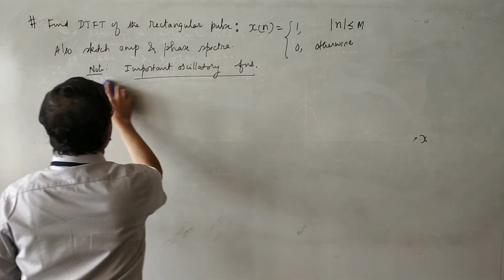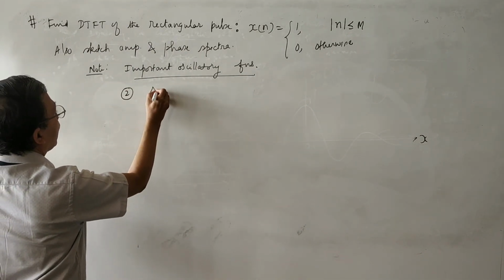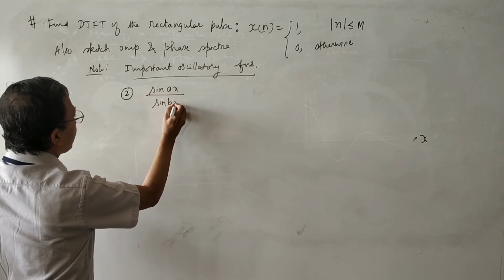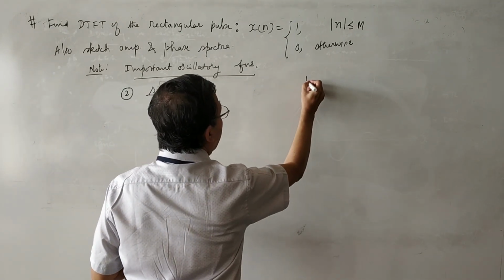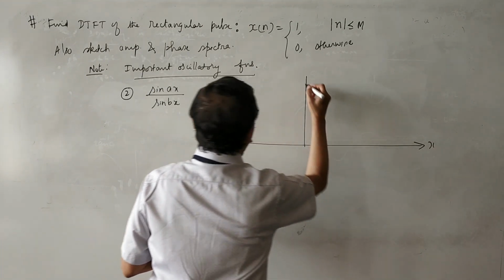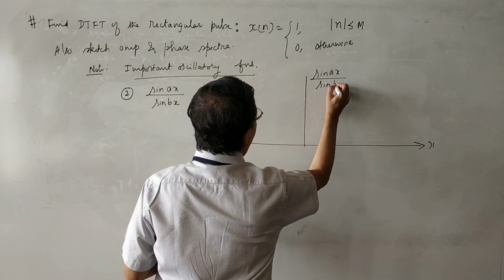The third function is sin ax divided by sin bx. This function also is an oscillatory function. Y-axis I take it as sin ax divided by sin bx.